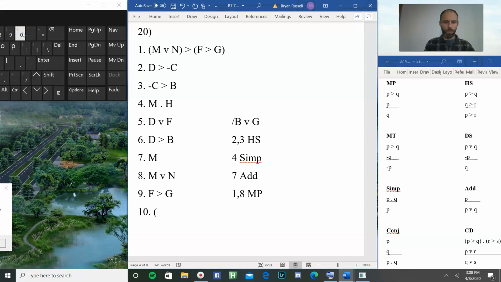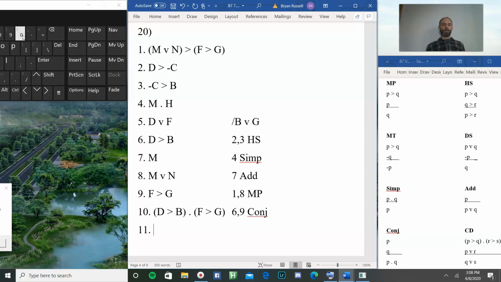So first what we need is D horseshoe B, and then we also need F horseshoe G. So we just conjoined 6 and 9. Yes. And then we have set up our constructive dilemma.